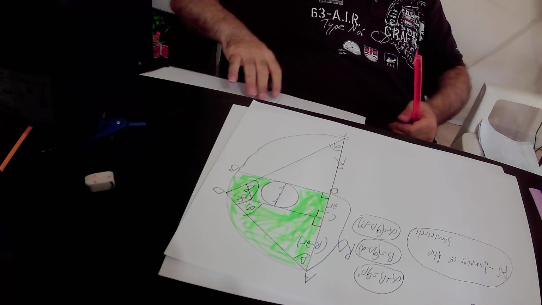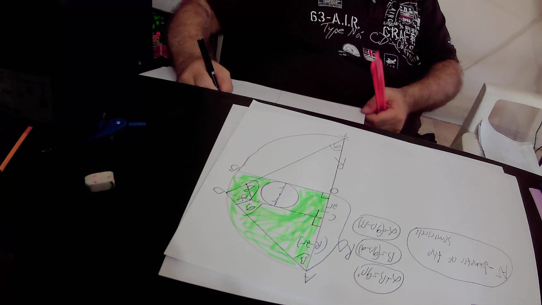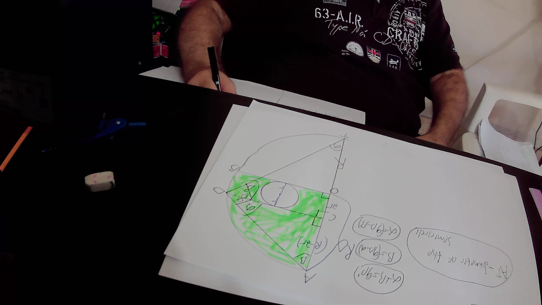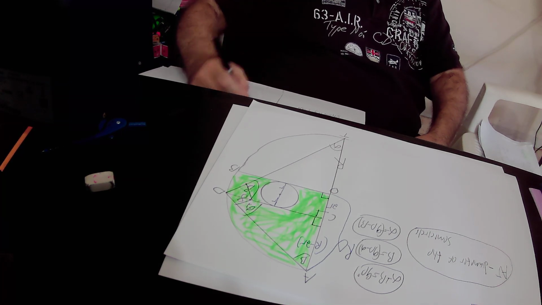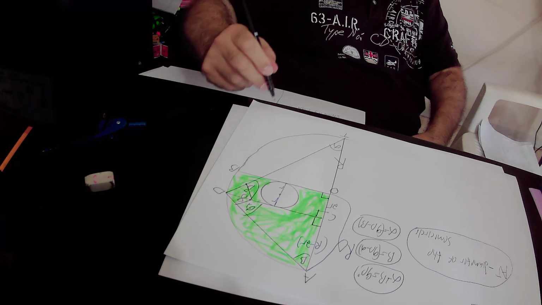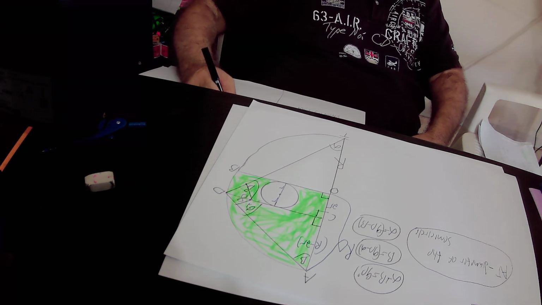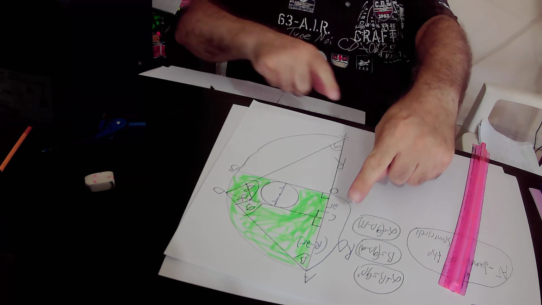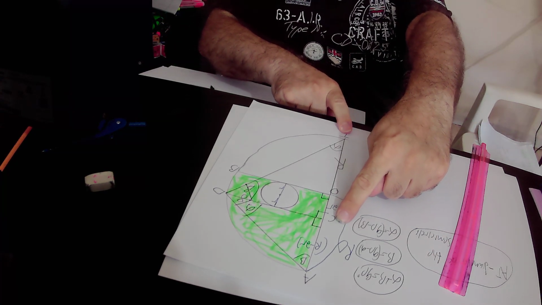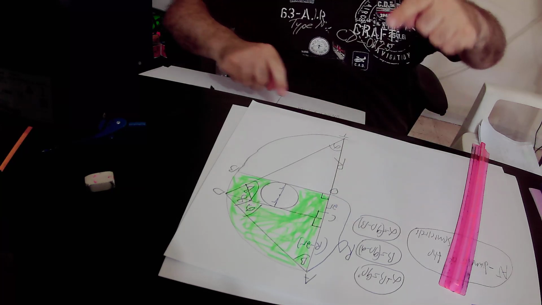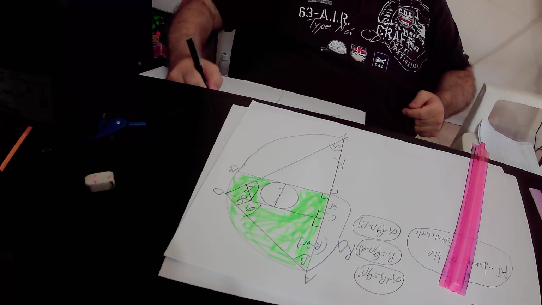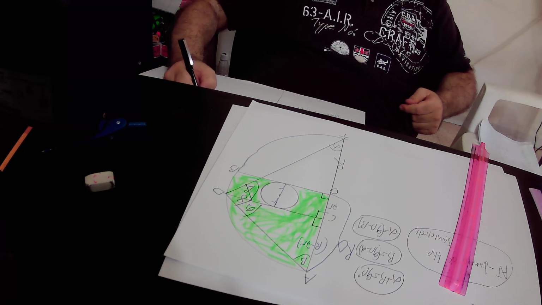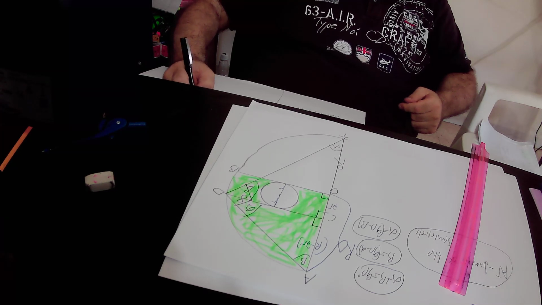AC equals capital R minus 2R. CD equals 8. What is the value of CT? CT equals 2R plus capital R. I'll repeat again.